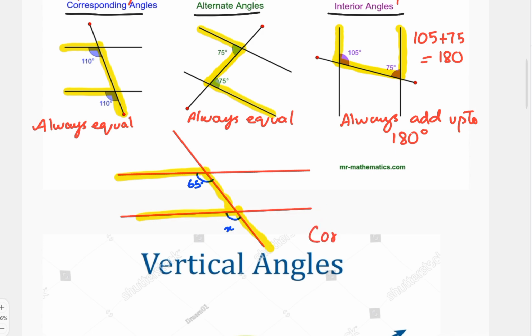Corresponding angles. And what rule did we learn about them? That corresponding angles are always equal. So if this angle is 65 degrees, this angle will also be 65 degrees. So you're going to say x equals 65 degrees.